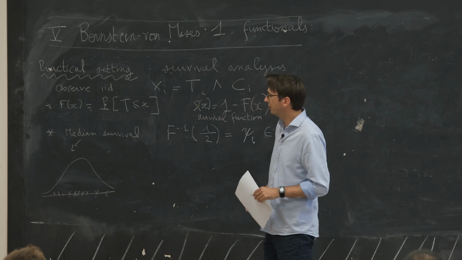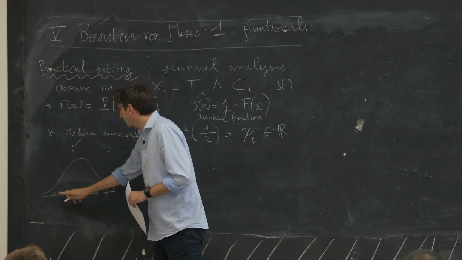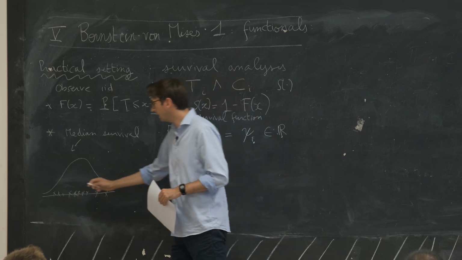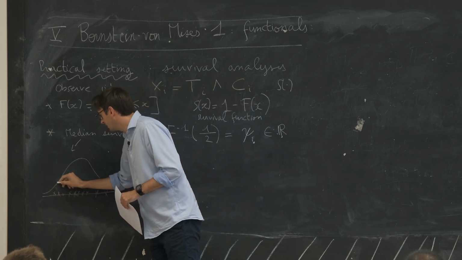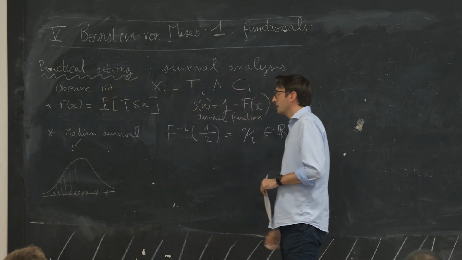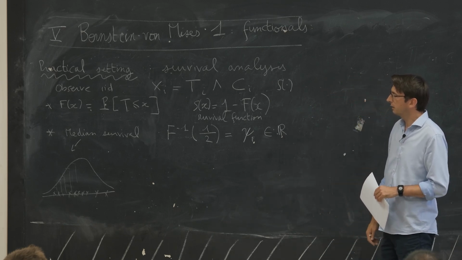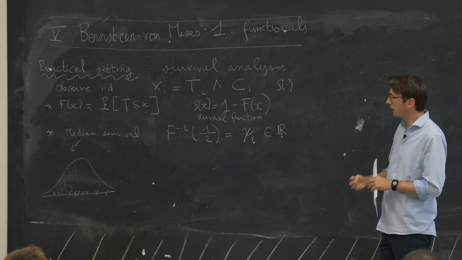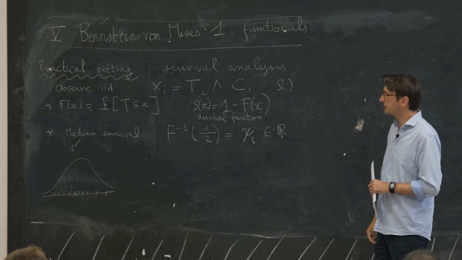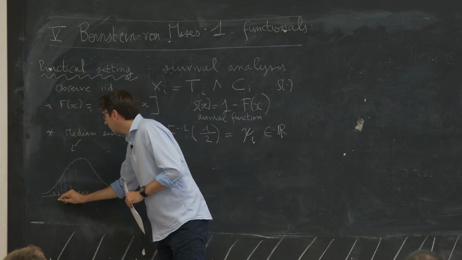In many cases, when the prior is well chosen, I observe something which is very close to a Gaussian. So it suggests that maybe there is some asymptotic normality, that the posterior has maybe a Gaussian shape in this functional.